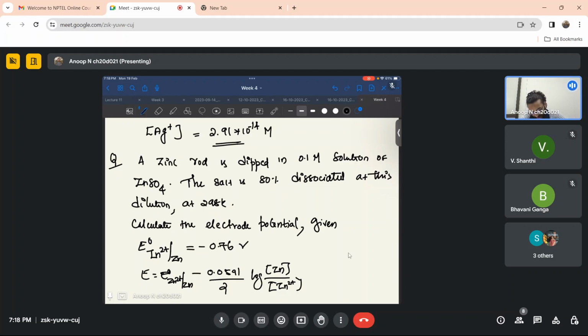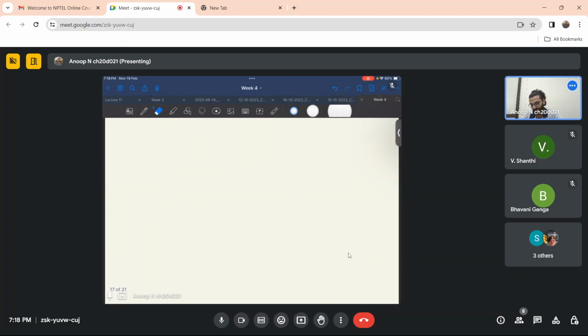So here what happens is minus 0.76 minus 0.0591 divided by 2 log of 1 by what will be the zinc concentration here?